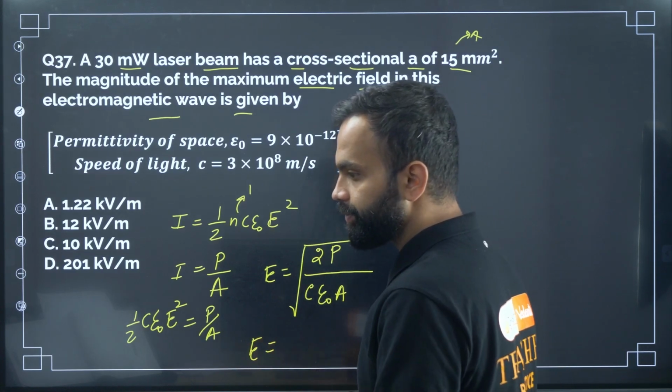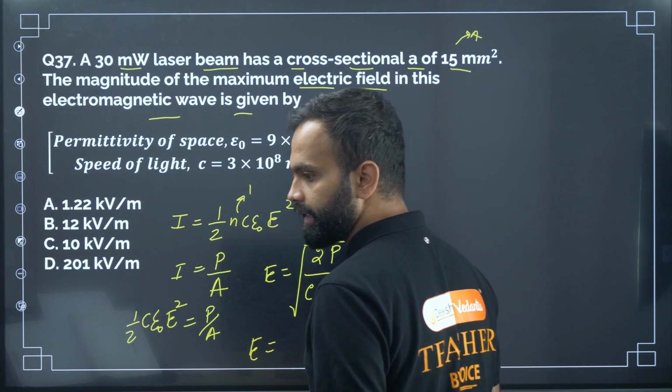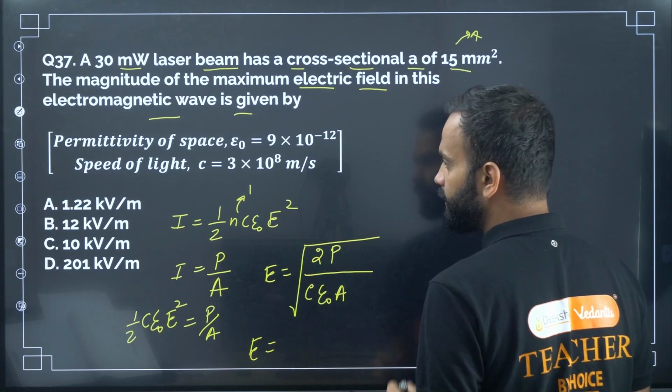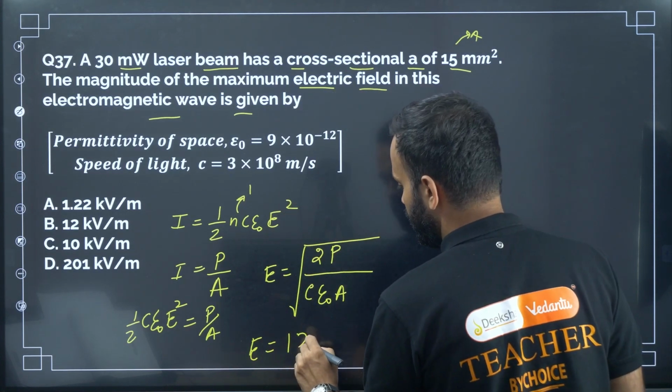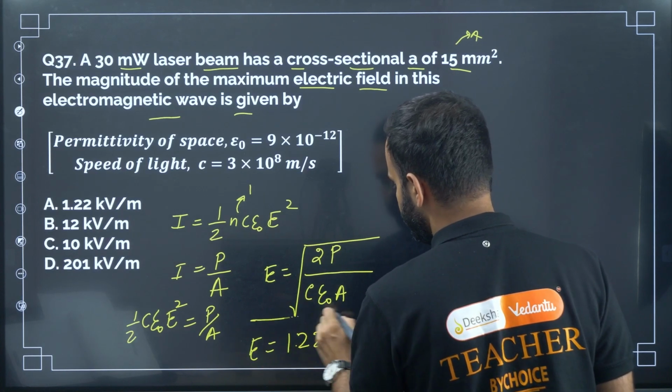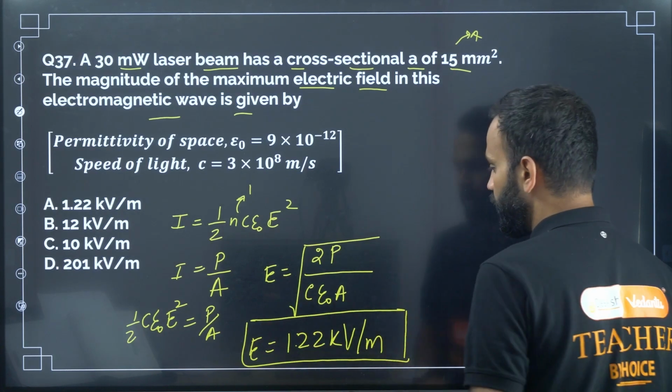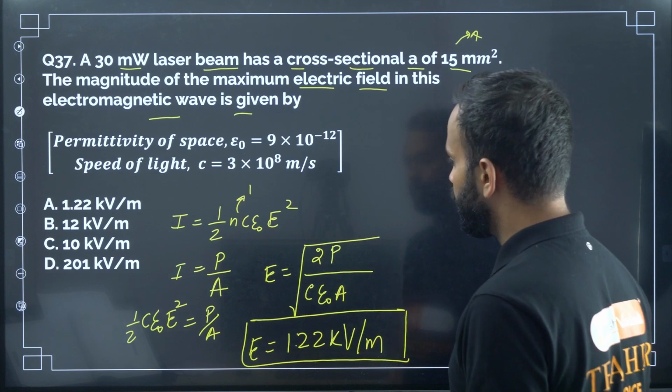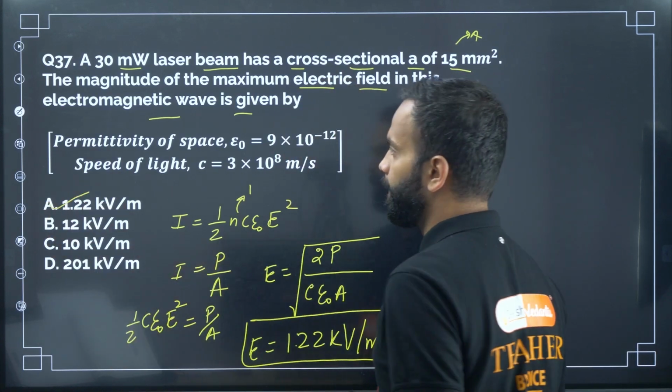You will get 1.22 kilovolt per meter. So the correct option is A.